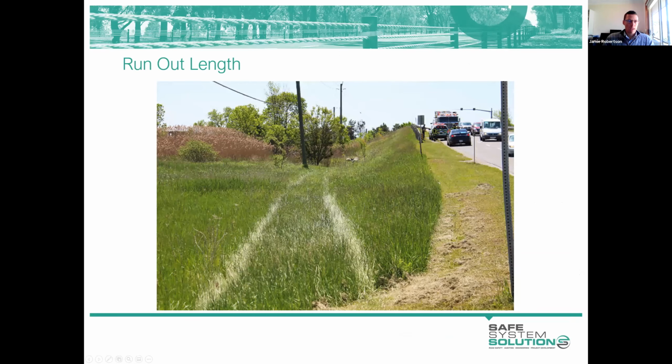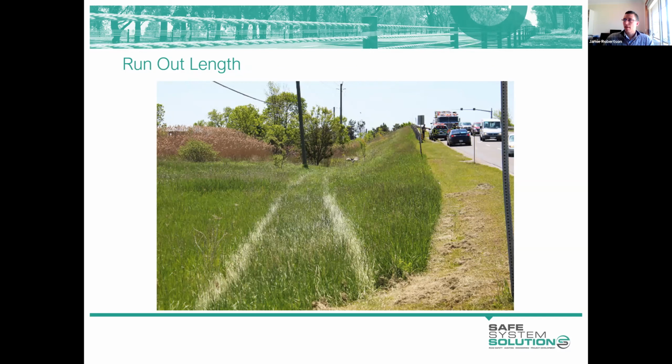So as I say, the run-out length method looks to provide a barrier that's long enough to prevent that vehicle from getting in behind it and ending up striking the hazard, which might be a creek or a river extending across here. And you can see here by the tyre tracks what's happened. An errant vehicle has left the road and not been able to pull up in time before it's ended up in the drink.